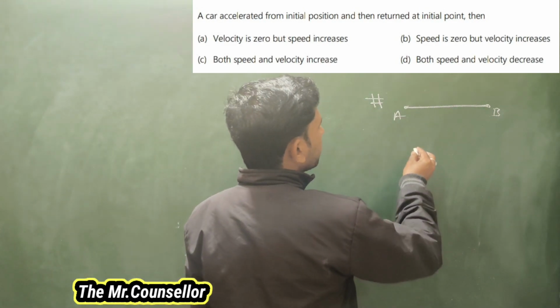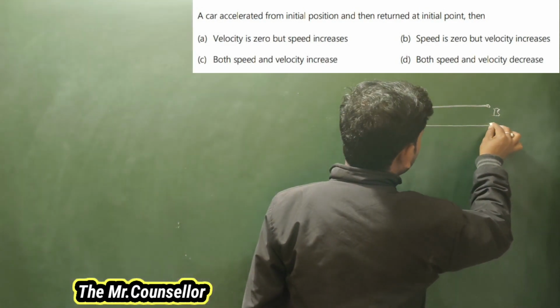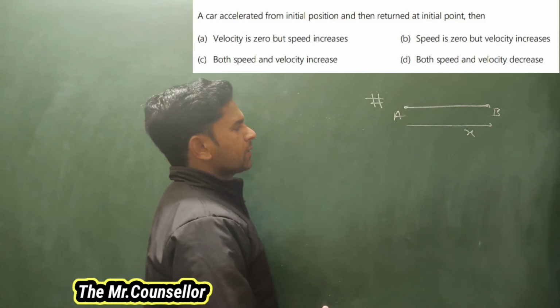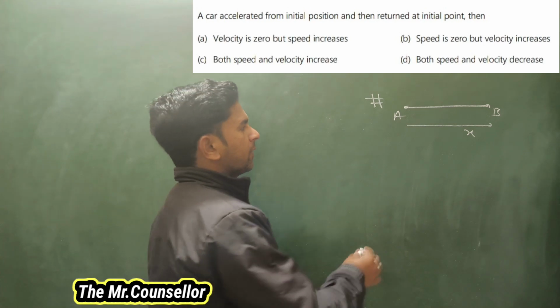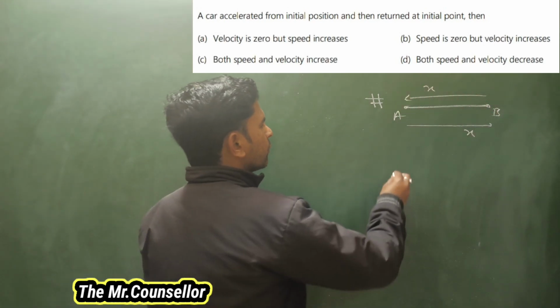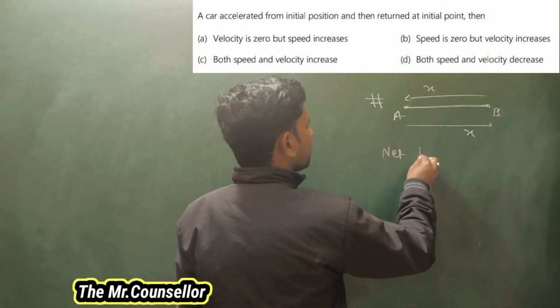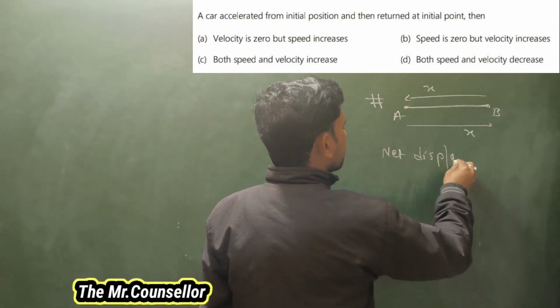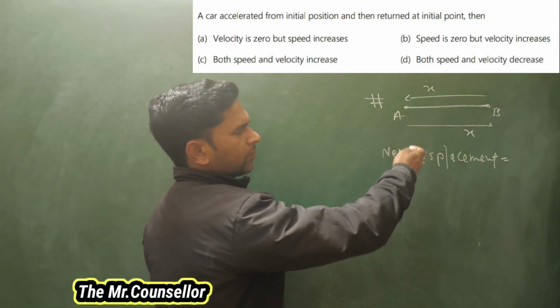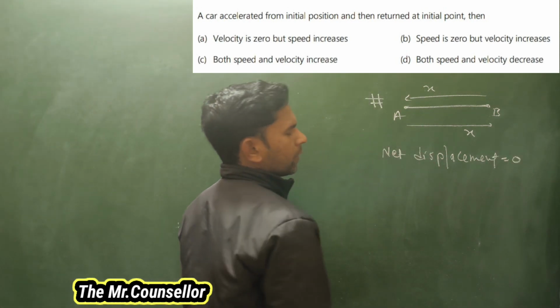So what is going on? Let us consider from here to here the distance traveled is x, and again coming back, it means the same distance is covered. So what will be the net displacement? Net displacement will be x minus x, it means 0.